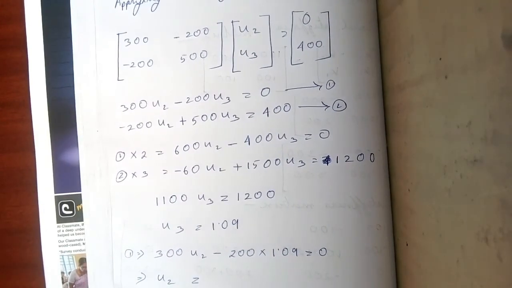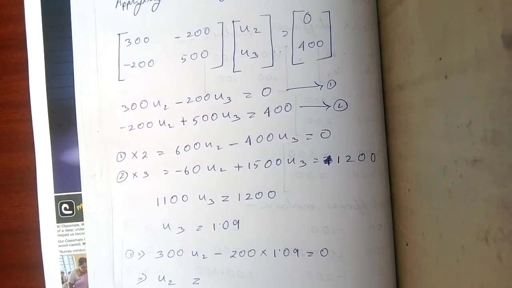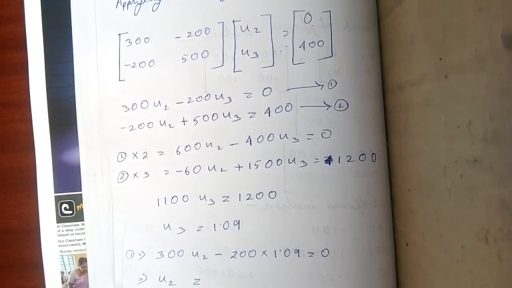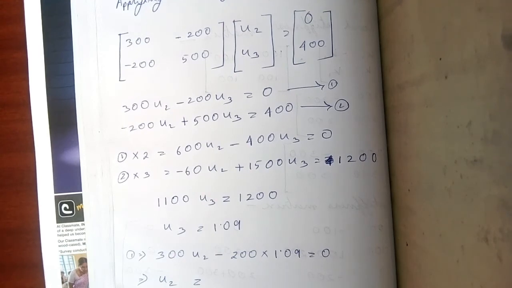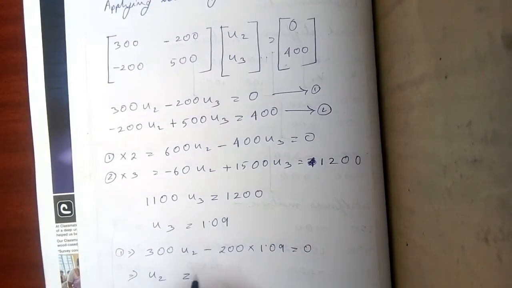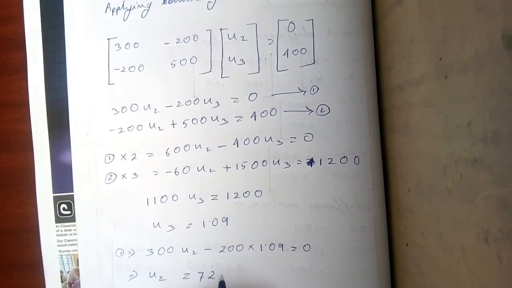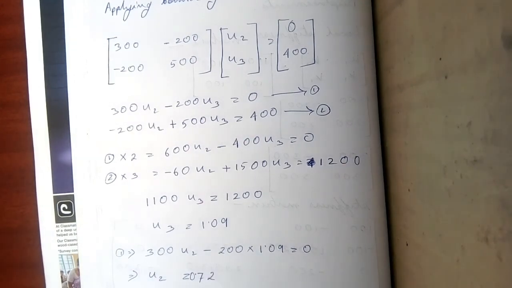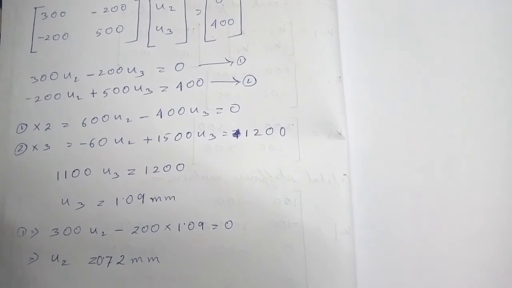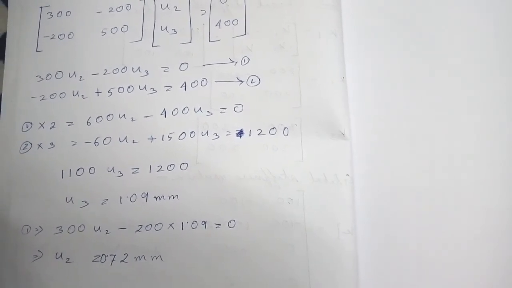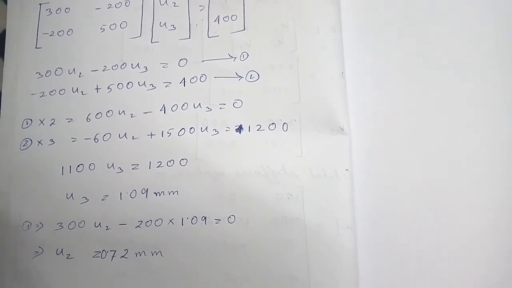So ultimately U2 will become, calculate it, it is 0.72. And these are the final values of displacement at node 2 and node 3.